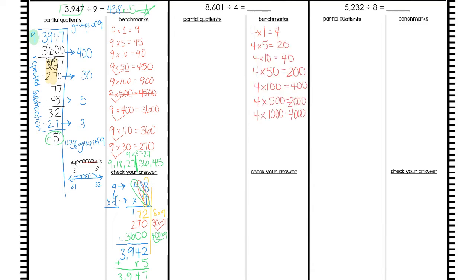All right, now let's write our problem out. 8,601 divided by 4. Okay. When we have this problem, we're going to say, all right, what's the largest multiple over here that I can take away? From 8,000, I can take away 4,000.